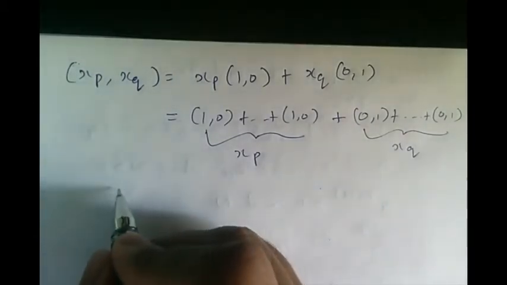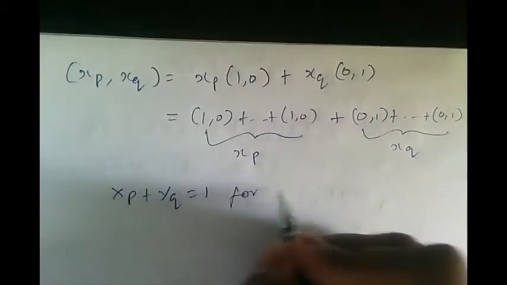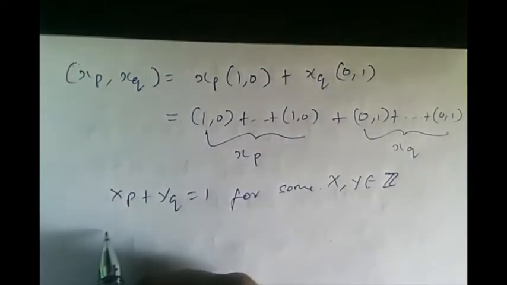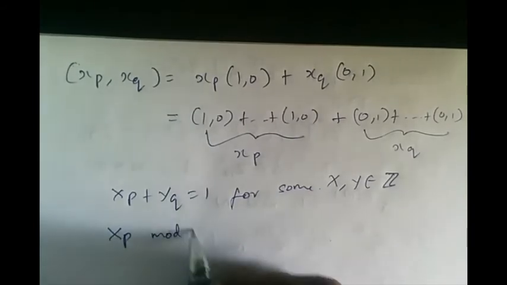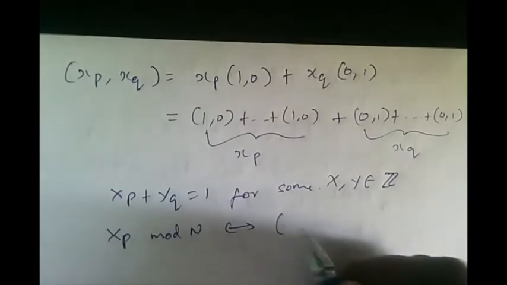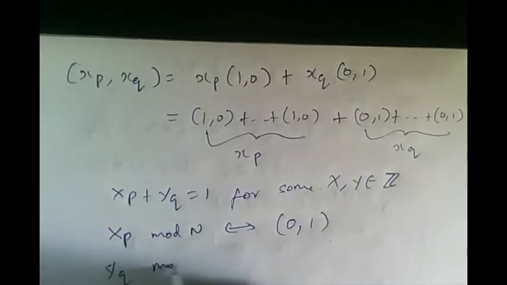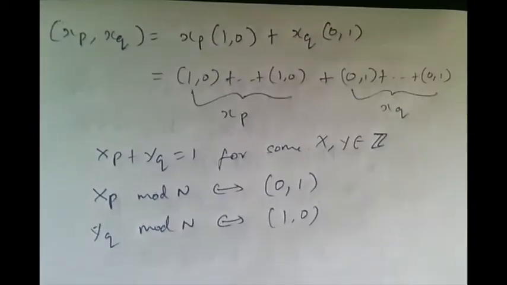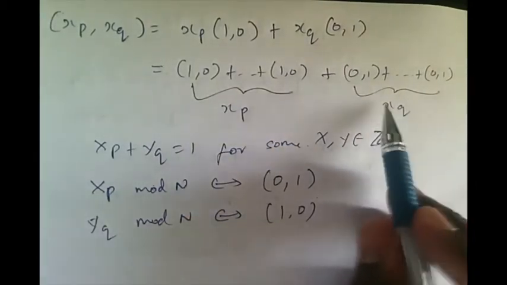We said if xp plus yq is equal to 1 for some x, y, then xp mod n maps to 0, 1 and yq mod n maps to 1, 0.